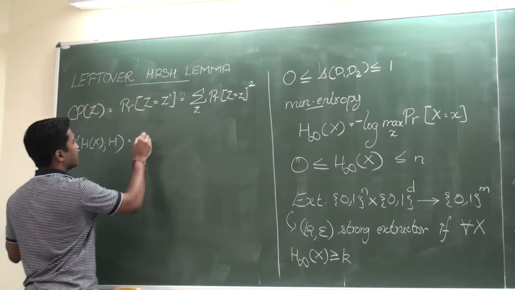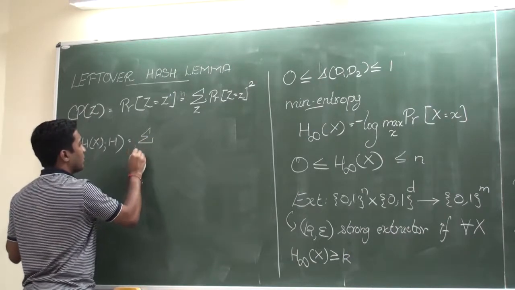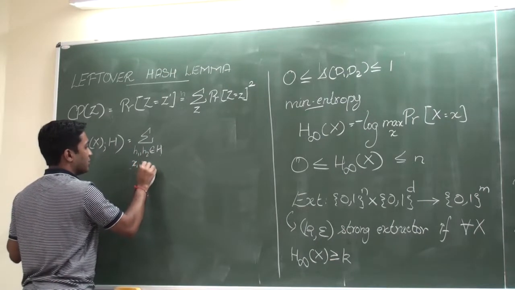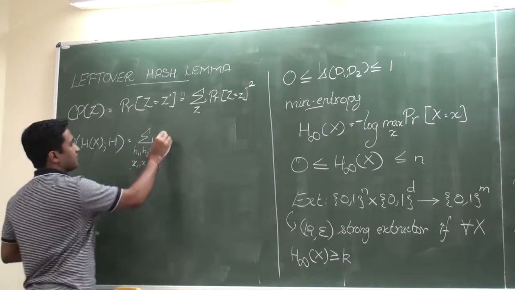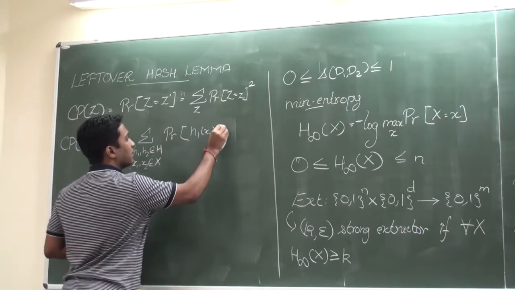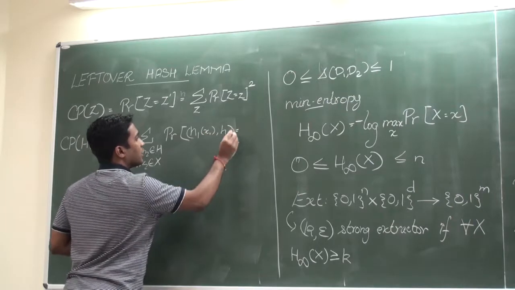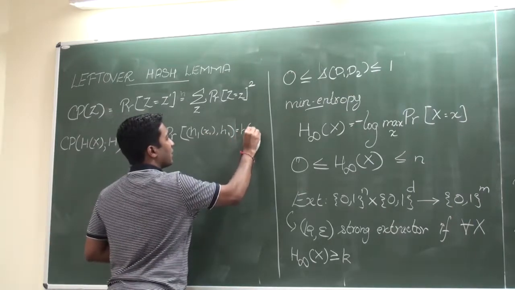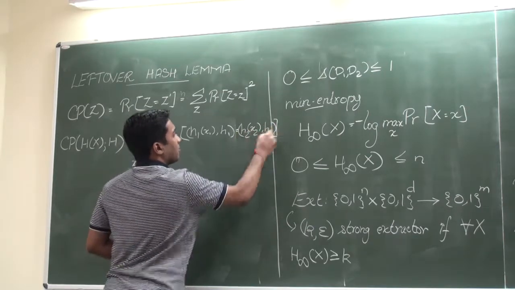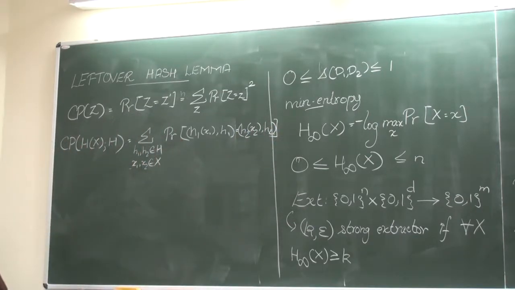It's saying that you're taking the summation over h1, h2, x1, x2 of the probability that h1 of x1, comma h1 equals h2 of x2, comma h2. Collision probability.